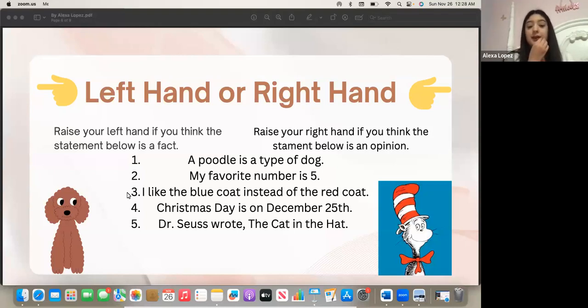Okay, so number 3, I like the blue coat instead of the red coat. Is that a fact or an opinion? What do you guys think? I like the blue coat instead of the red coat. Yeah, it's an opinion, right?